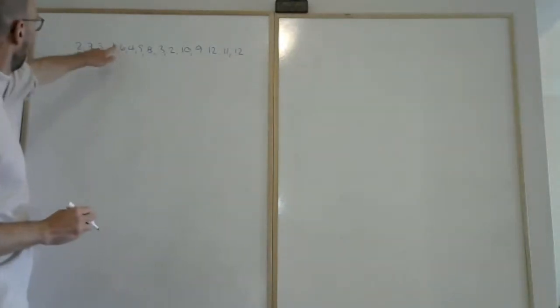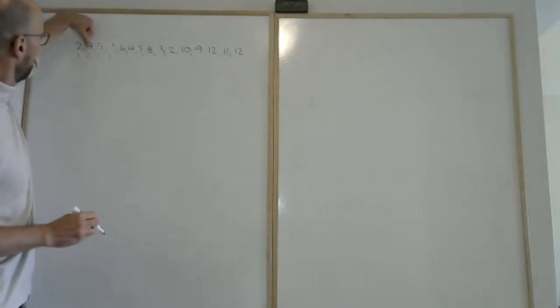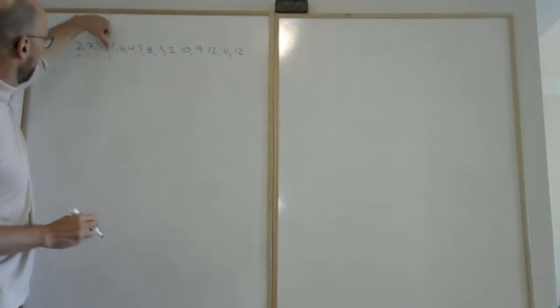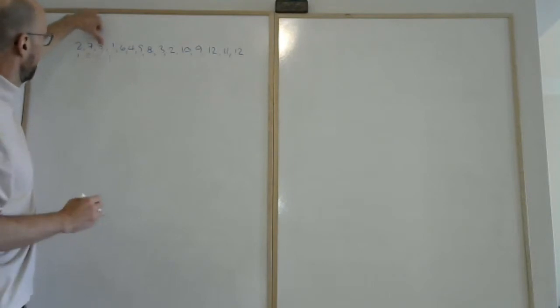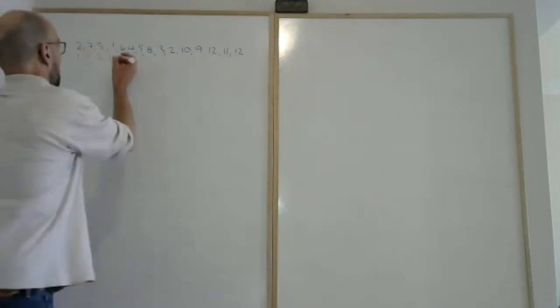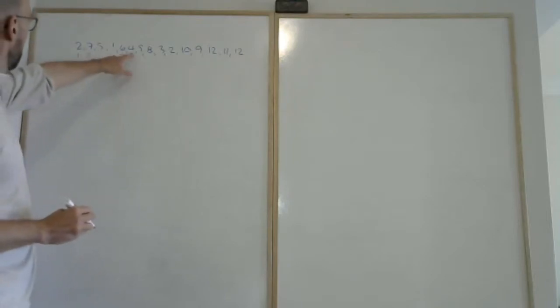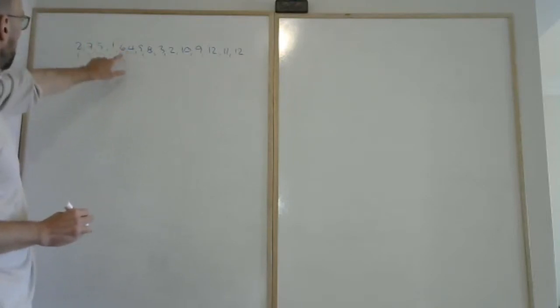Here, we look back through everything that's less than 6, which is everything except the 7. And we say, okay, so what's the longest length? It's the longest increasing subsequence that ends at this 5, which has length 2. So this has length 3. For 4, we look back, we ignore the 6.